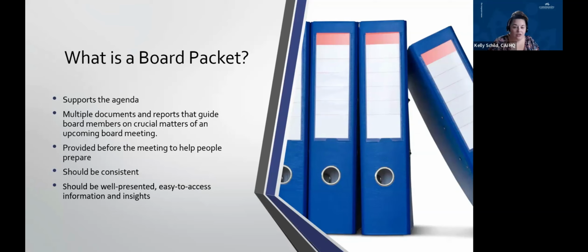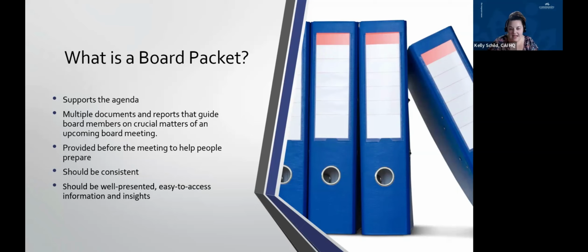Now, whether or not you're the person who is actually putting together the packet or sending it out, I think it's really important that the president and your CED work together to make sure that your board packet is the most efficient for all of your board members, and being consistent will help them navigate through the board packet.